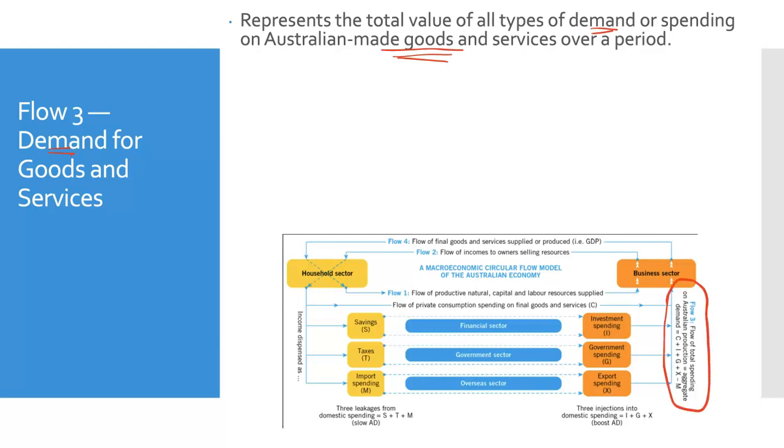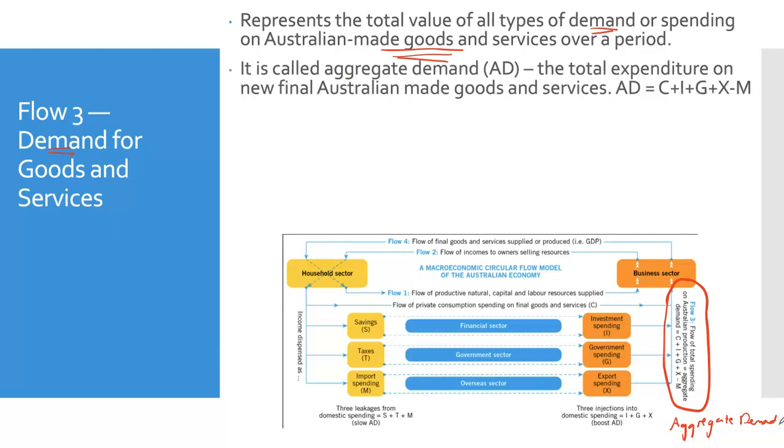We're going to introduce you to a new term here called aggregate demand, which is quite complicated, and there is a separate video on that you can have a look at because it's a separate key knowledge point in outcome 2. This is called aggregate demand and is the total expenditure that households demand on final Australian-made goods or services.